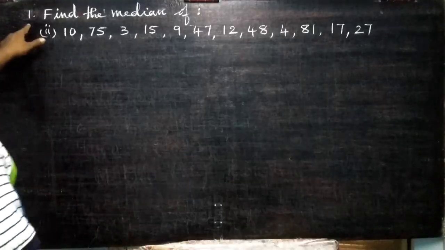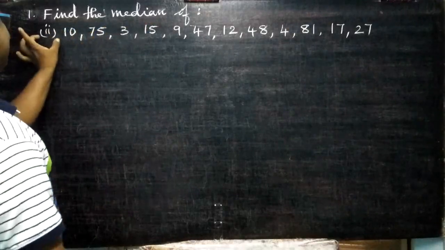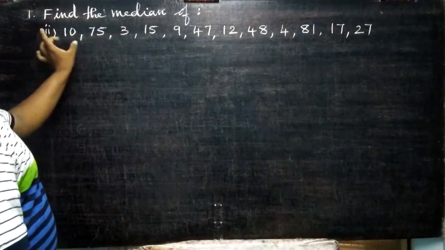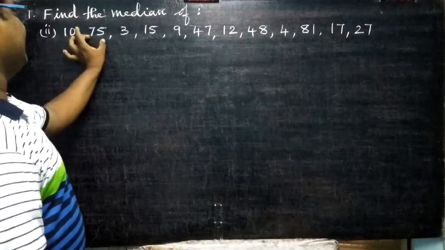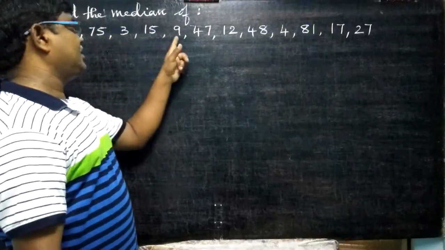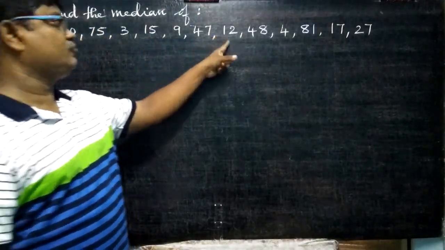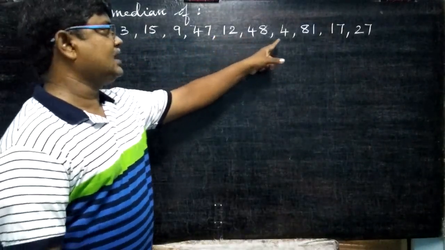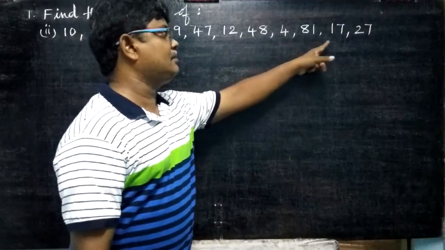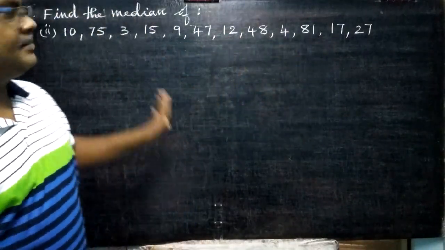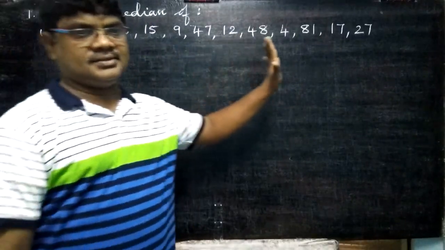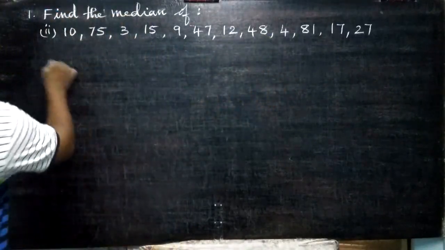Same first problem. Find the median of, in that second bit we are doing now, 10, 75, 3, 15, 9, 47, 12, 48, 4, 81, 17, 27. They have given observations and told us to find the median.